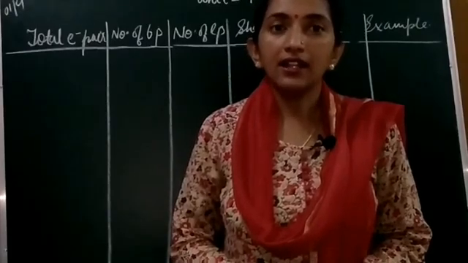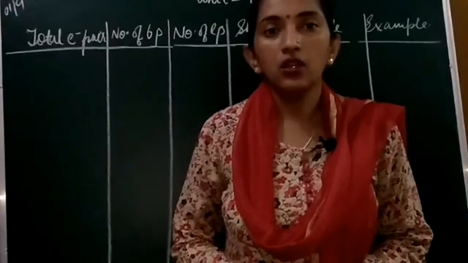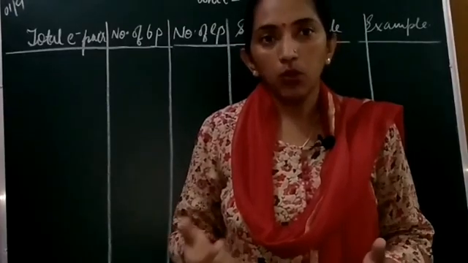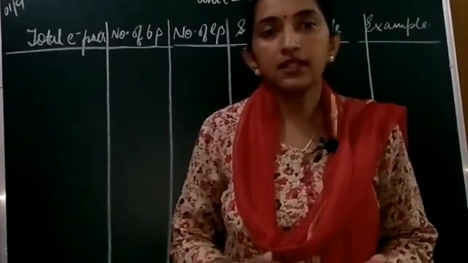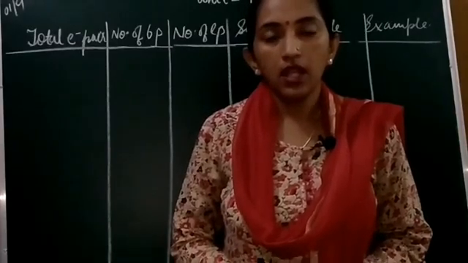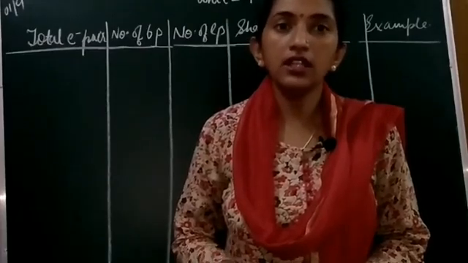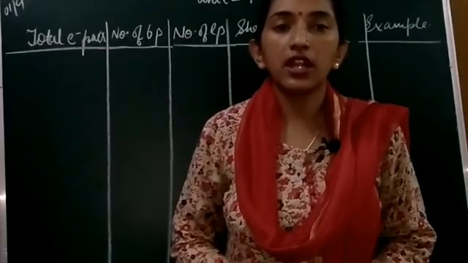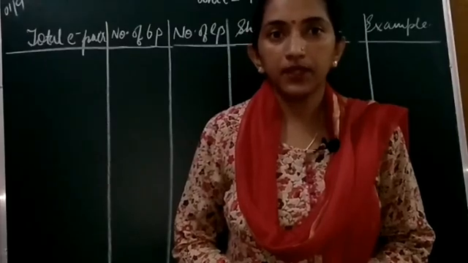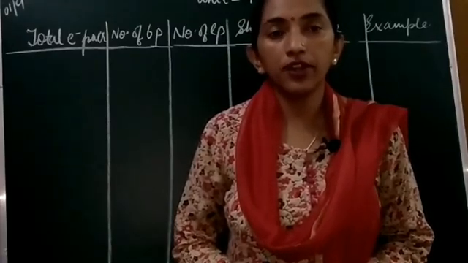We discussed that the lone pair repulsion is maximum, the lone pair-bond pair repulsion is less than that, and the minimum is bond pair repulsion. If there is no lone pair, then only the electron pairs around the central atom are bond pairs, and there will be a regular geometry of the molecule.